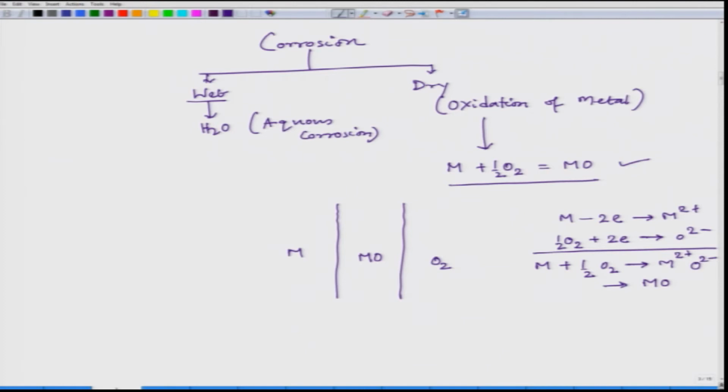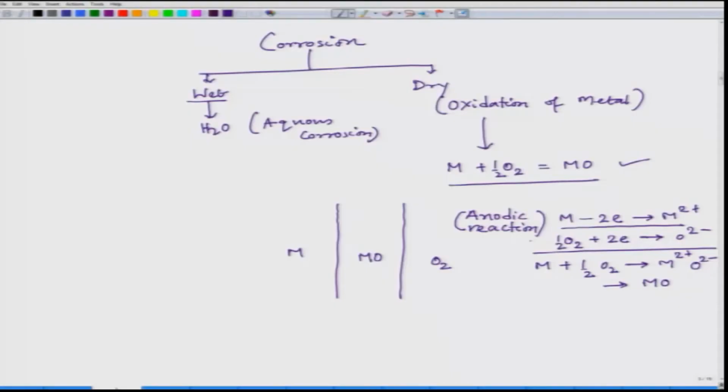Now, interesting, let us look carefully at this. What is this reaction? This reaction is nothing but the anodic reaction, because the metal atom is leaving 2 electrons. It is basically oxidation taking place, in the sense that when the metal leaves electrons, we call it oxidation.